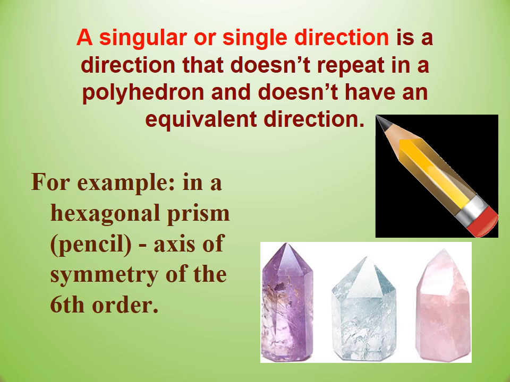Here you can see this statement. Here you see the pencil, and there is only one direction, and this direction doesn't have the same direction, and this is the axis of sixth order.